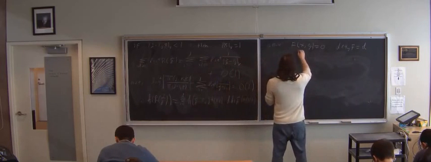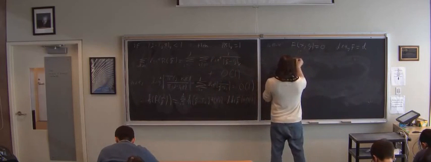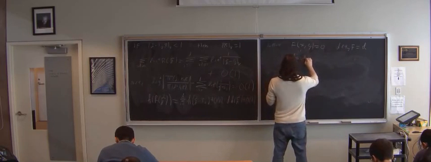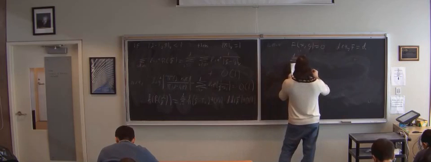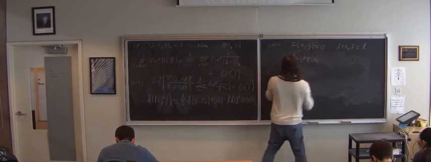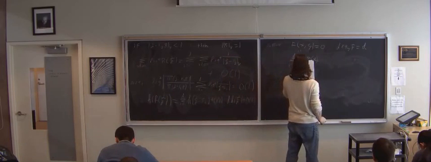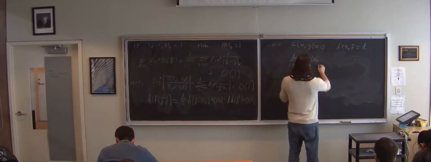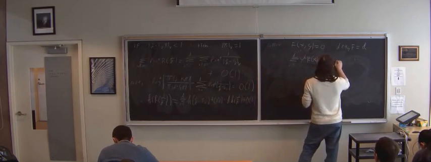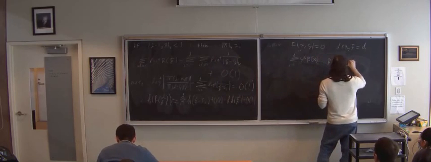So then we can write f of x, y as a sum of y to the i times r sub i of x, where the r sub i of x are polynomials in x.